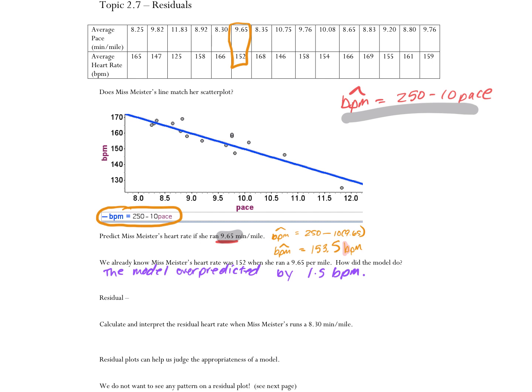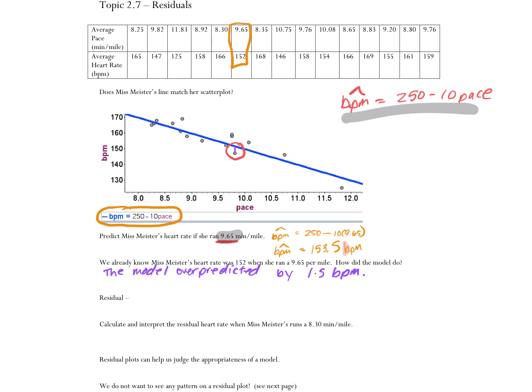And when you calculated that 1.5, you calculated a statistical measurement called a residual. A residual is essentially the distance between the point and the line. And 9.6, that's this point right here, and that purple distance is 1.5.